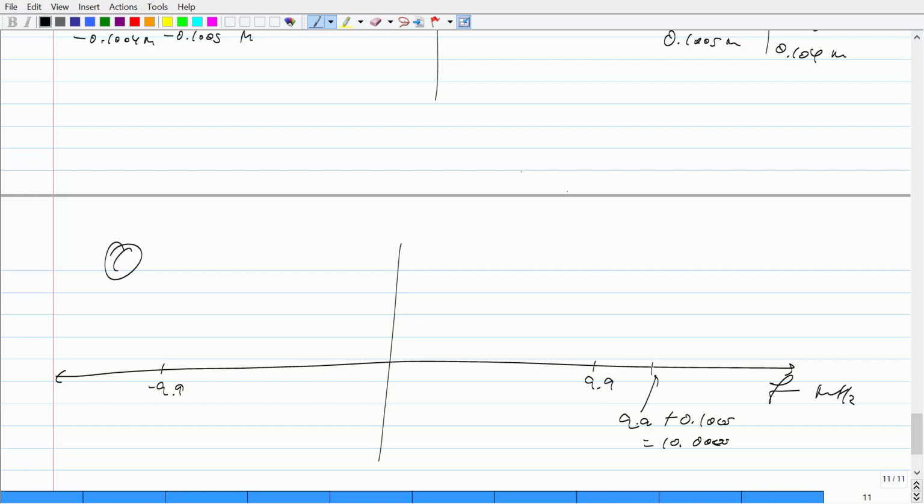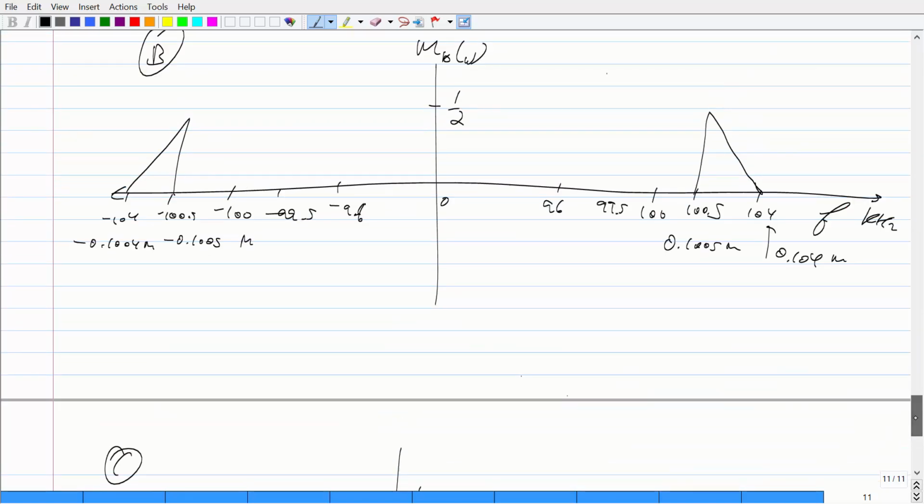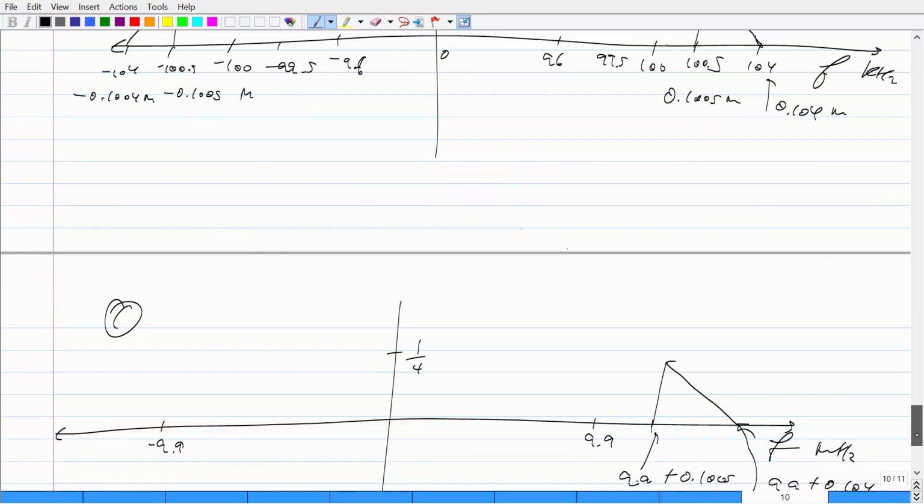That's this portion here, and then this one here is 9.9 plus 0.104, which is 10.004. And remember it's scaled by 1 over 4, because we had a 1 over 2, then you have to do a 1 over 2 again because you're modulating again.